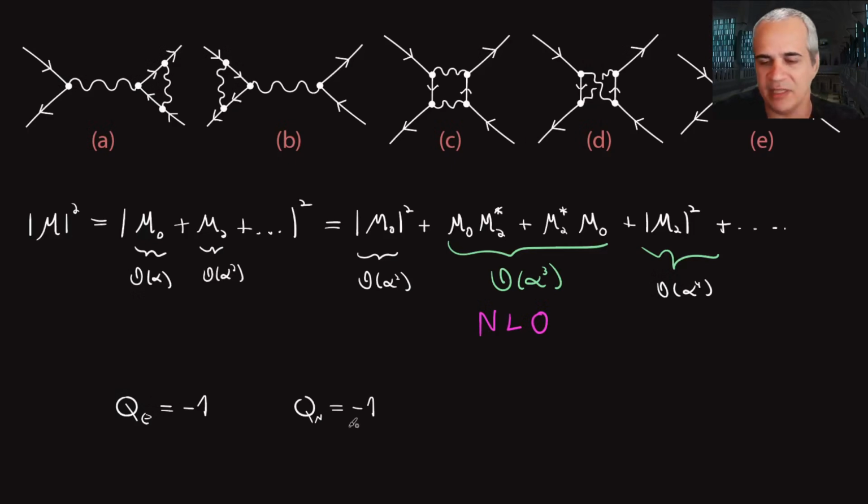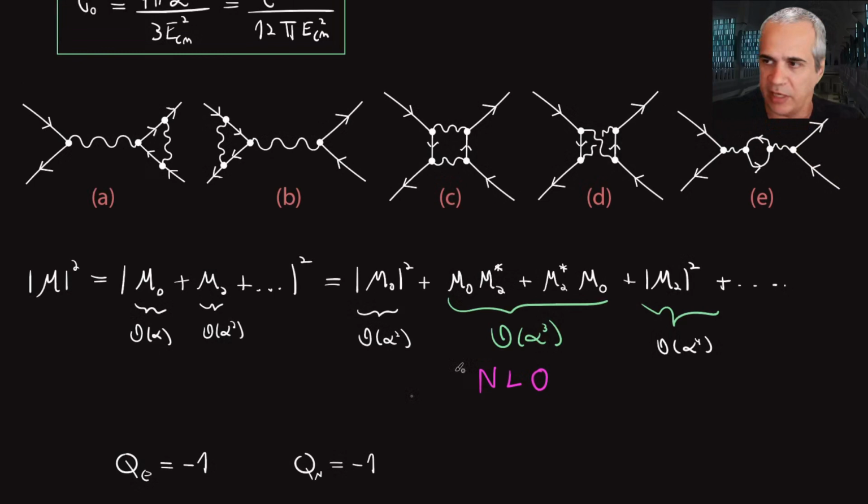And whatever cancellations happen between diagrams or at any order will be in terms that have the same powers of these charges and others in your model, because in the case of this last loop here, you can have even other fermions besides the electron and the muon going around that loop. So we can use that trick and see how these guys behave in terms of the charges.